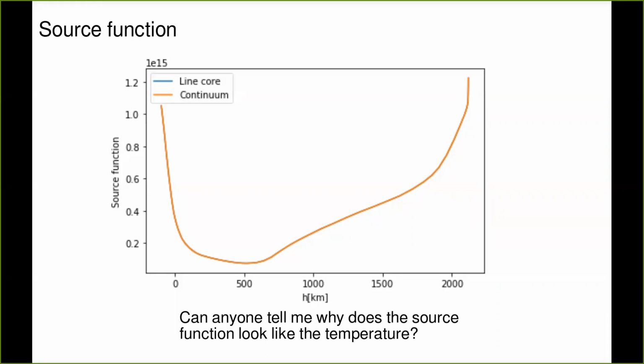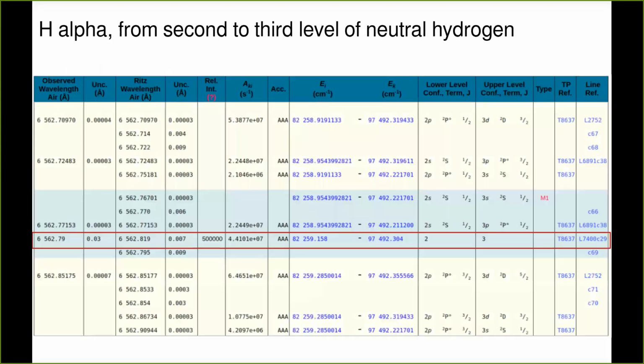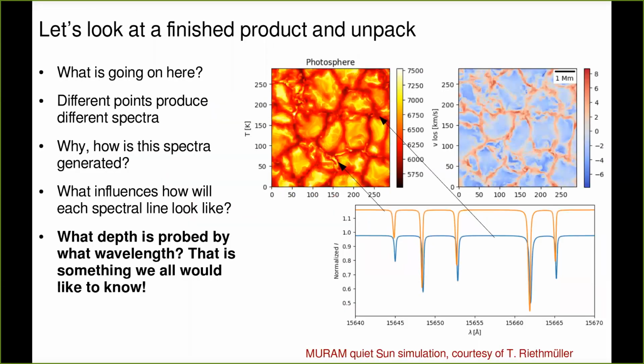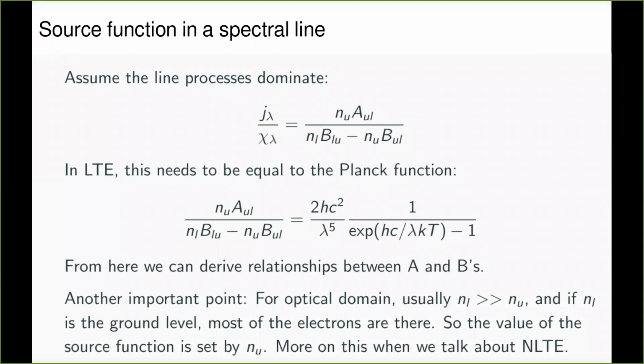Can somebody justify why does it look like the temperature? Okay, I'll go back to the equation just to convince you. You can take a look at the equation actually, I'll think a little bit. So we have seen this at the beginning, right?